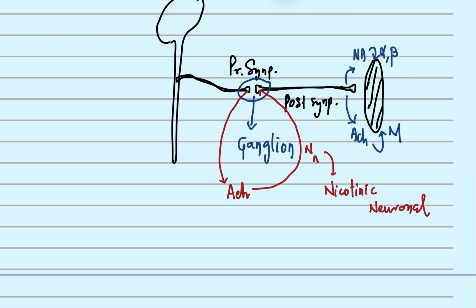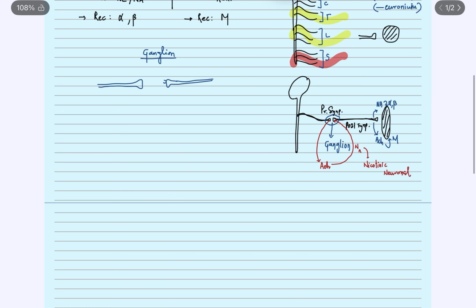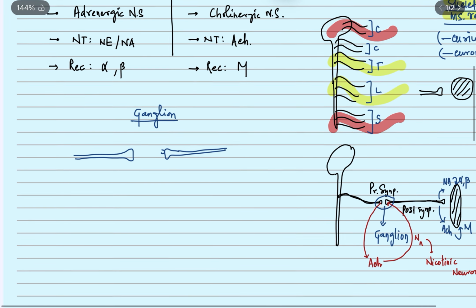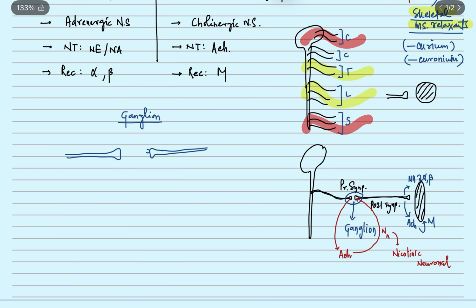This is nicotinic neuron type. Okay, I have drawn a ganglion here. The ganglion is nothing but the nerve junction. The neurotransmitter here, irrespective of the parasympathetic or sympathetic nervous system, is acetylcholine, and the receptor here, irrespective of sympathetic and parasympathetic, is nicotinic N type.